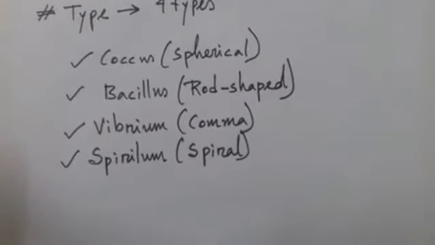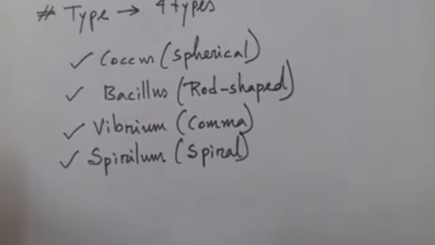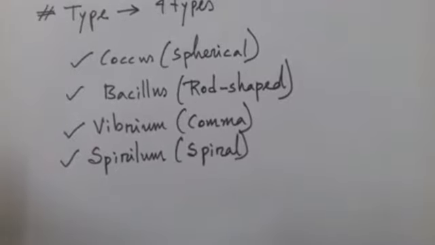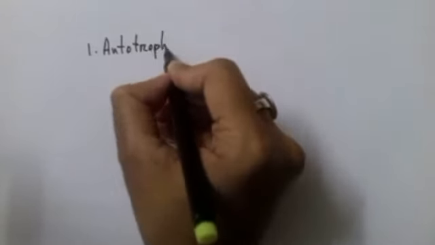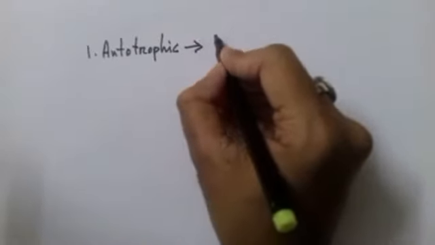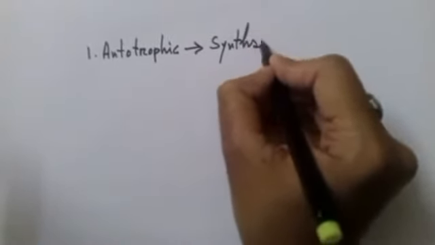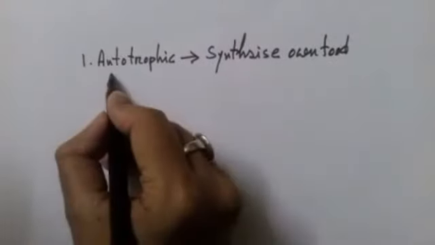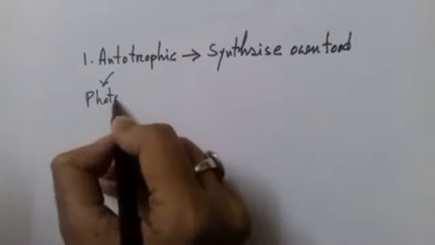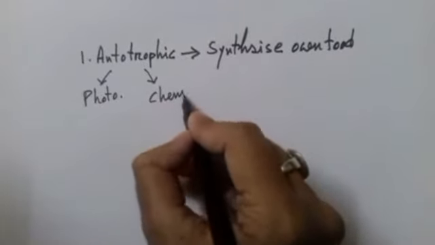Though bacteria are simple in structure, they are complex in behavior. Most extensive metabolic diversity is seen in bacteria. If we divide bacteria according to their nutrition, there are mainly 2 types. First is autotrophic. Autotrophic means they synthesize their own food from inorganic substrates, and this autotrophic bacteria is both photosynthetic and chemosynthetic type.